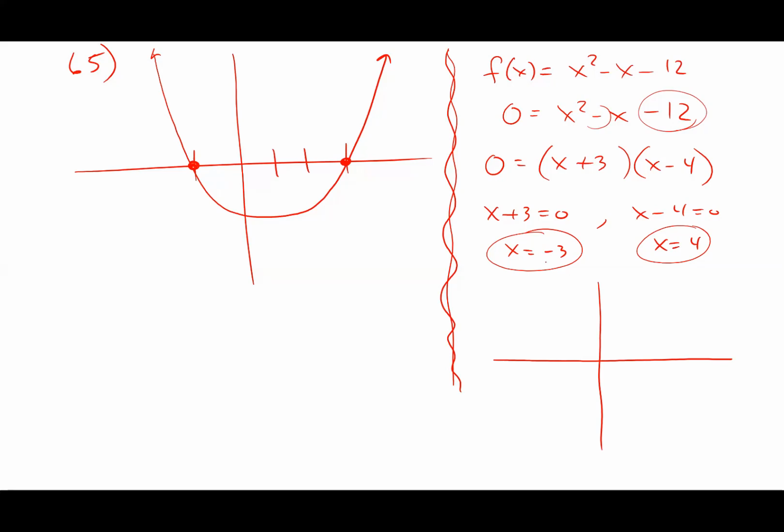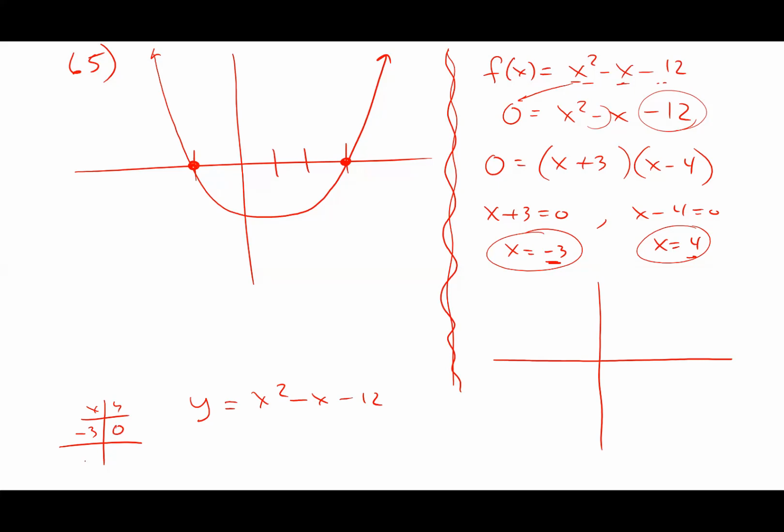Cool, okay. So Noah's saying, if you plug in negative 3 back into here, you're going to get yourself a 0. If you plug in a 4 back into here, you're going to get yourself a 0. The question to you guys is this. If I change the f of x just to a y, and I plug a negative 3 in for x, what would be the y value? 0.